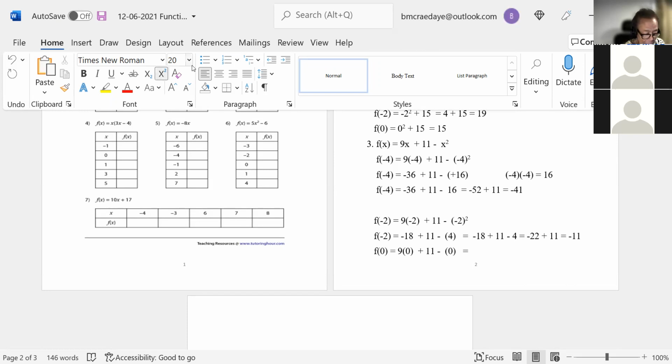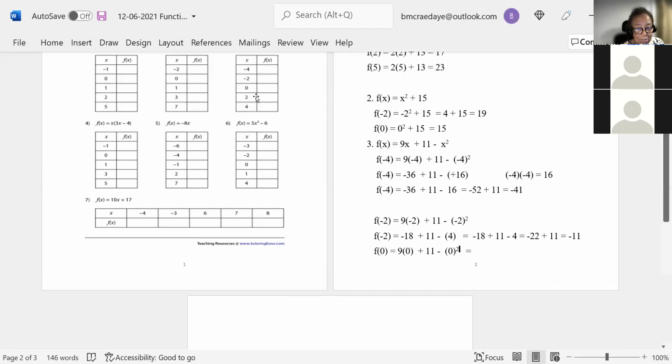0 to the second power is just 0 times 0. So what's 9 times 0, Chastity? Any number times 0 is 0. So 9 times 0 is 0. And that's plus 11. And what's 0 times 0? 0. So that would be minus 0.